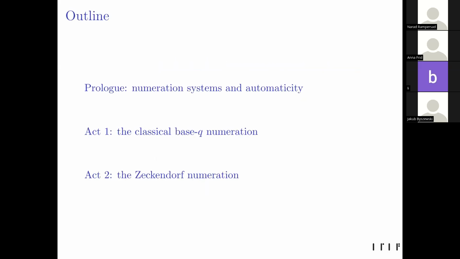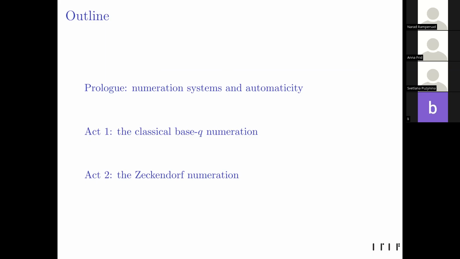Okay, the outline of the talk will be the following. First, I will recall what numeration systems are and what automaticity is. I think everyone knows, but it's better to recall.